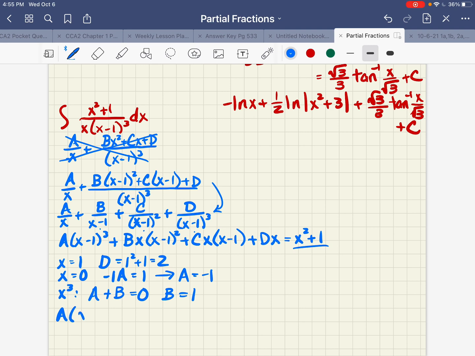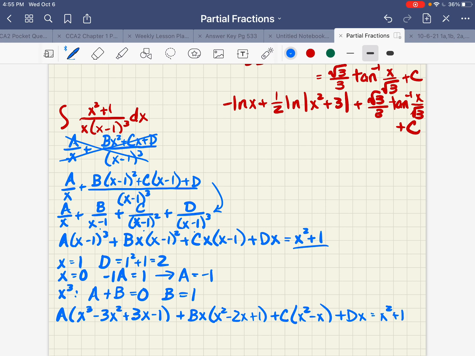What I've been trying to avoid is apparently unavoidable. I expanded x minus 1 cubed using binomial expansion. x squared minus 2x plus 1. c x squared minus x plus dx.